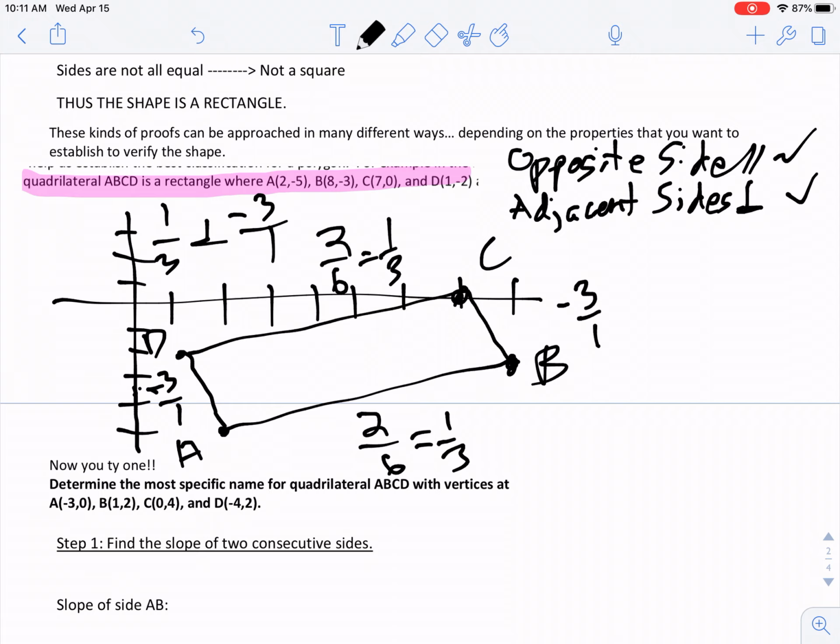All right. Last thing to do here. Are all sides equal? Well, to do this, we have to use the distance formula or Pythagorean theorem.